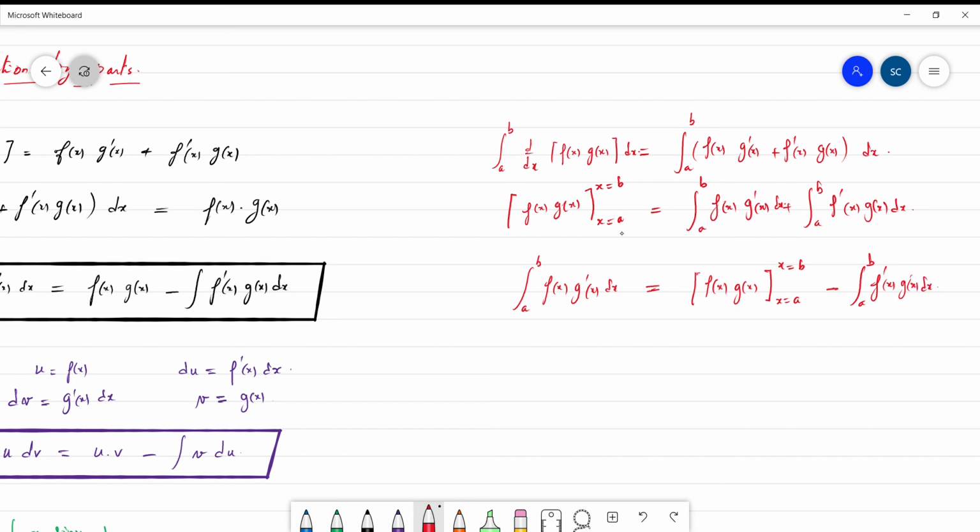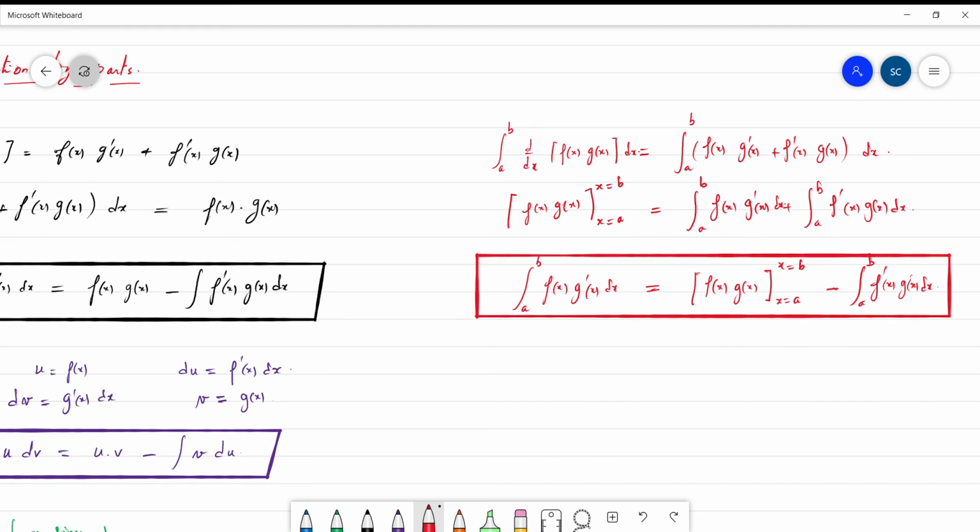And this is the formula we can use when we have definite integrals. So, an example, an application here.